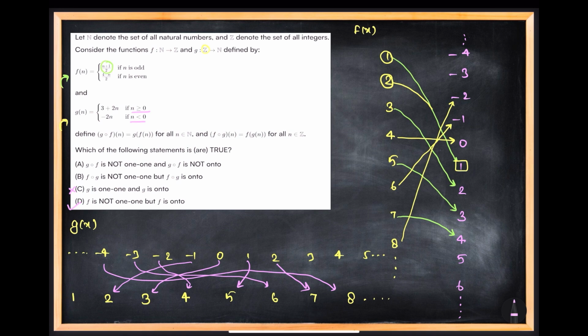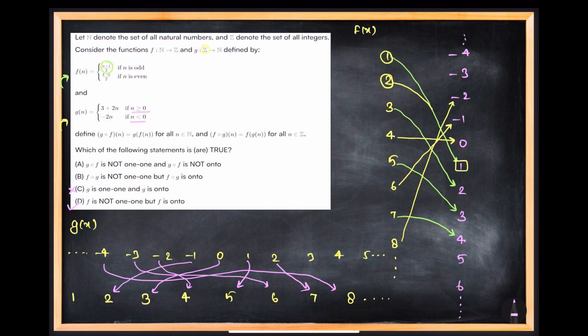Okay, now look at option A. So g of f of x is not one-one. First think about this function. Suppose you will start from f, meaning whatever input I give, first you place it in f and then you respond accordingly.